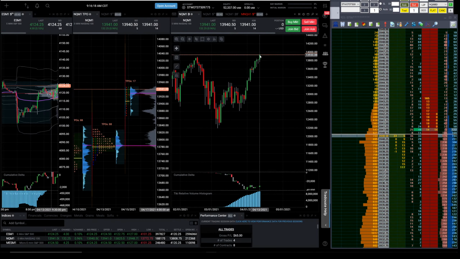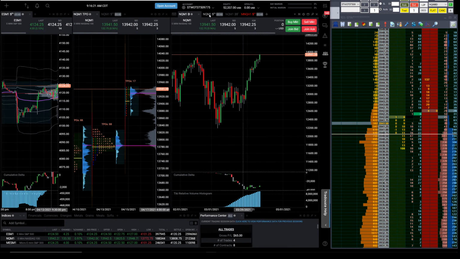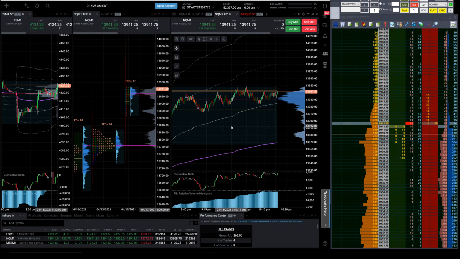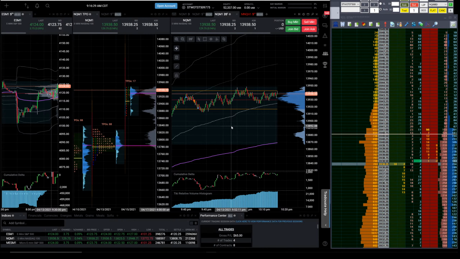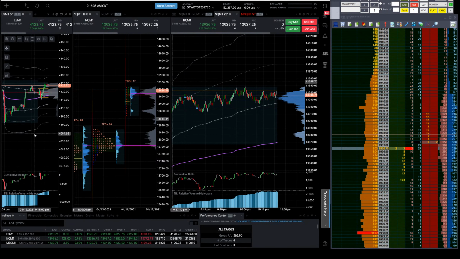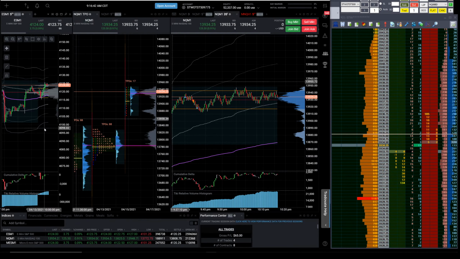I'm sure they're eyeing that, but we'll see if they can figure out how to get it up there or not. Wouldn't want to take this breakout here, even though the ES is making some headway. Well, take that back. I was looking at this candle because it hadn't scooched over far enough, but yeah.